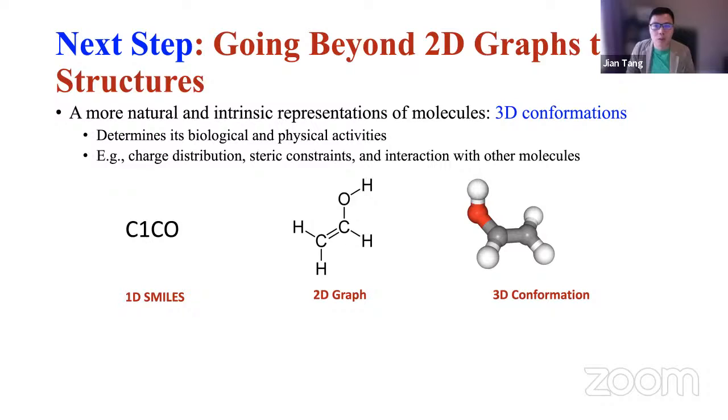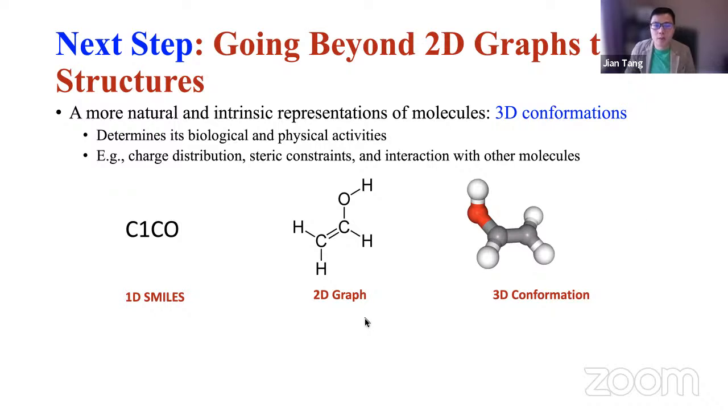Finally, I also want to mention a little bit what we are working on now. You can see that all the work I just introduced is based on graphs, right? You represent molecules as a graph. However, a more natural and intrinsic representation of molecules is their 3D structures and 3D conformations, because the 3D structures determine their biological and physical activities.